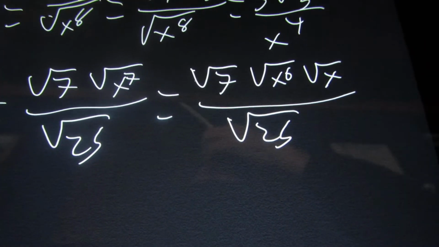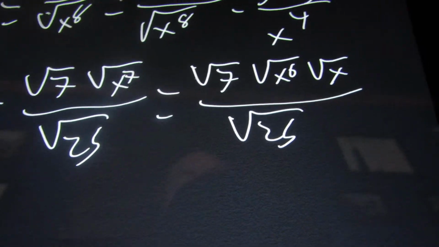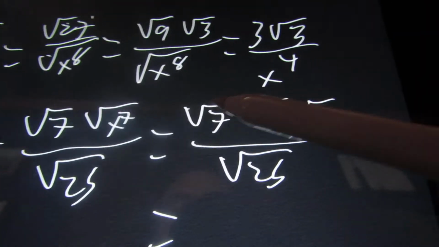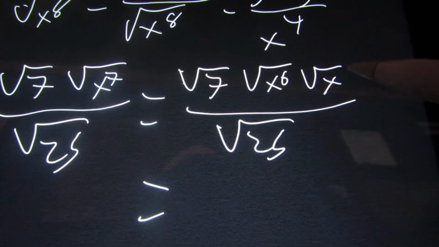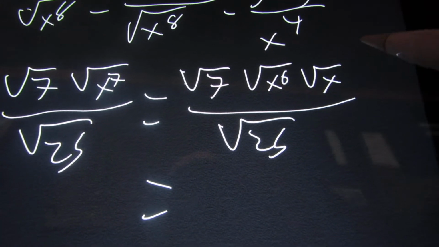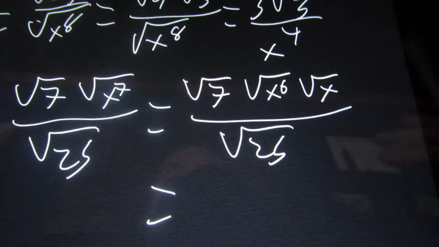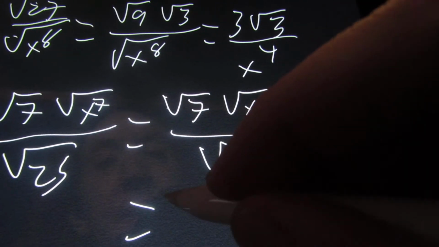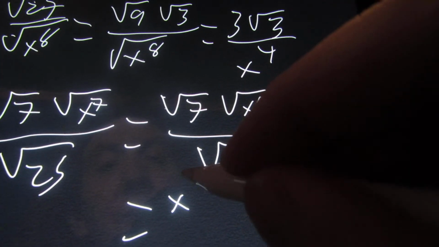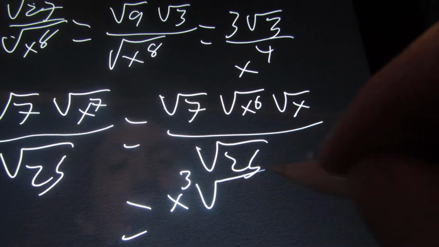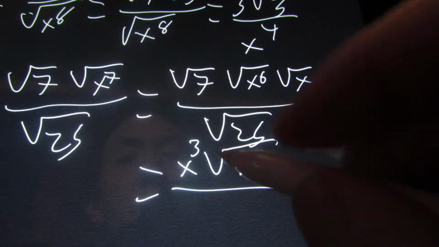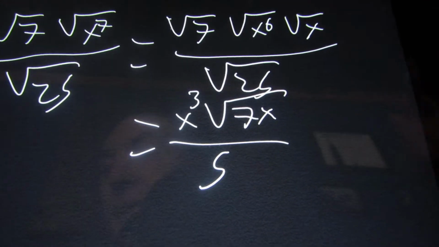And I'm breaking this up more than you really need to, just to show a way to manipulate the numbers. So I can't do anything with the square root of 7 or the square root of x, but those two are going to be under one square root sign when I finish. The square root of x to the 6, divide the 6 by 2 and get x to the 3, and we keep the square root of 7x, and the square root of 25 is 5.